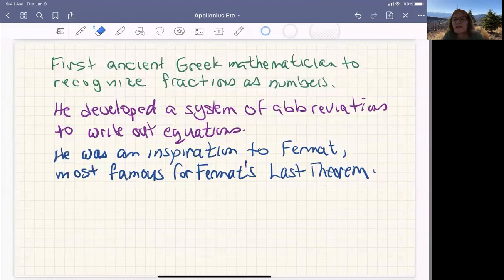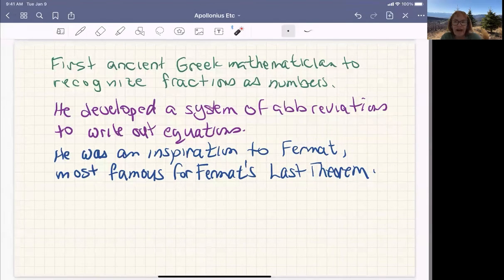Now, another interesting thing about Diophantus is that he was the first ancient Greek mathematician to actually recognize fractions as numbers.